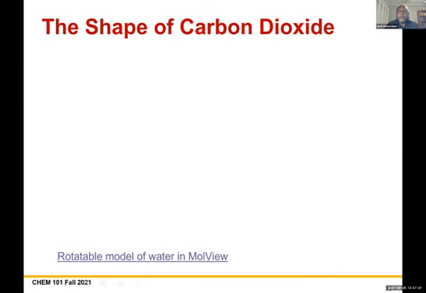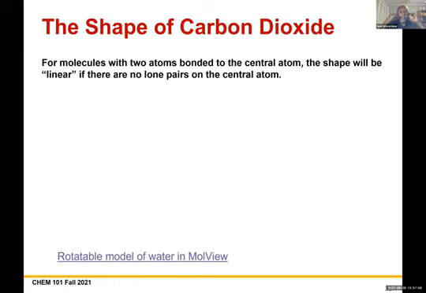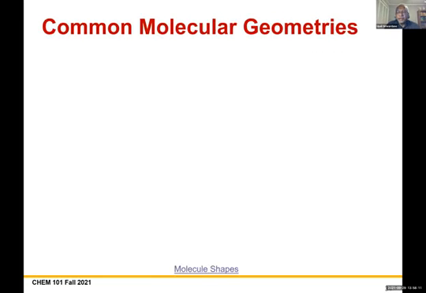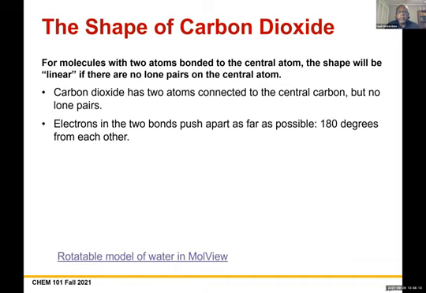So we can go through some examples, looking at the central atom in the Lewis structure. We can predict the shape and the bond angle. Carbon dioxide has 2 atoms connected to the central atom carbon. Electrons in the two bonds push apart as far as possible.